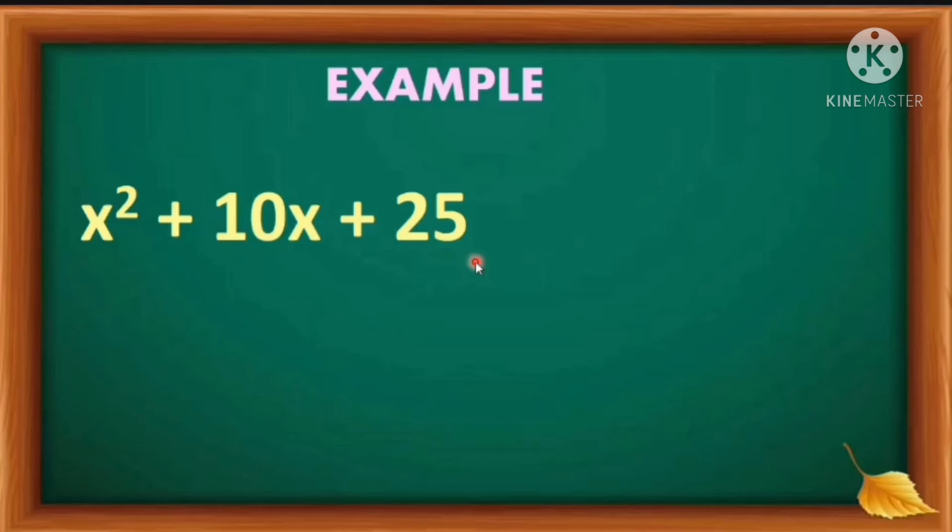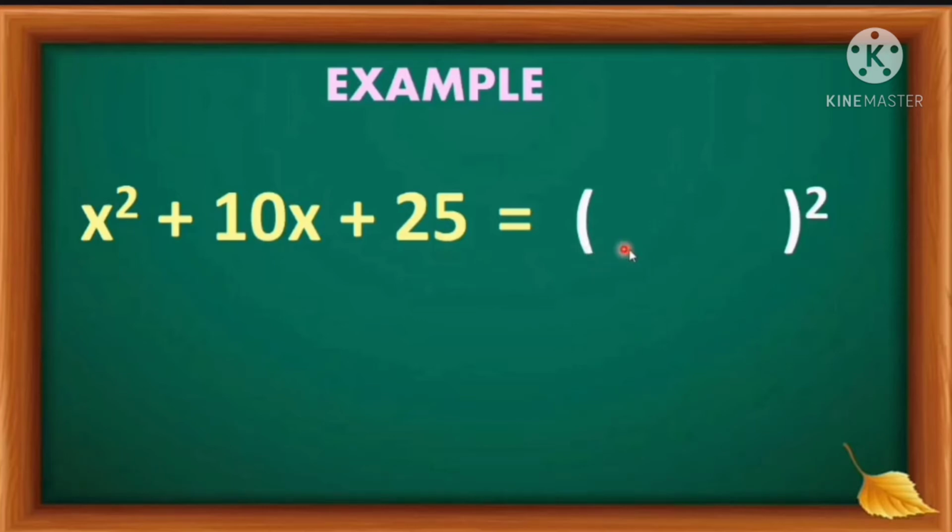Now the question is, how will we be able to find the factors of a perfect square trinomial? Katulad ng sinabi ko kanina, yung factors ng perfect square trinomial are square of binomial. Paano yun? Okay, una, maglagay na tayo ng parenthesis squared. Kasi sabi nga natin kanina, square of binomial.